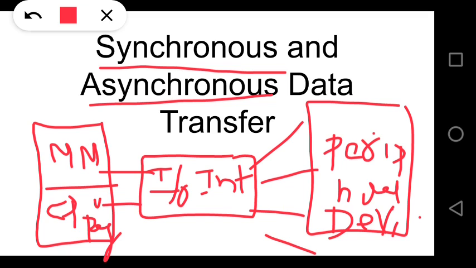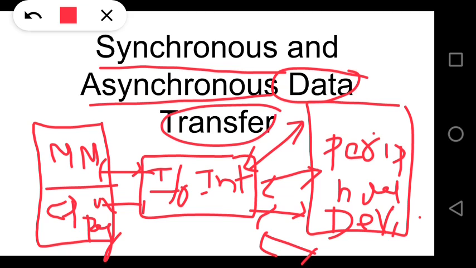So here various kinds of data transfer happen. These lines all indicate data transfer. So it is important to understand different kinds of data transfer.